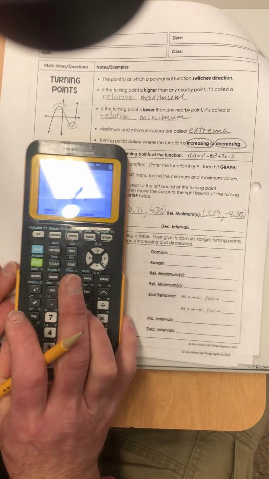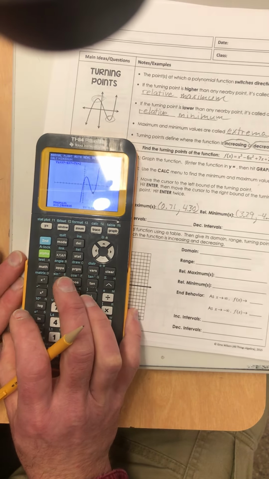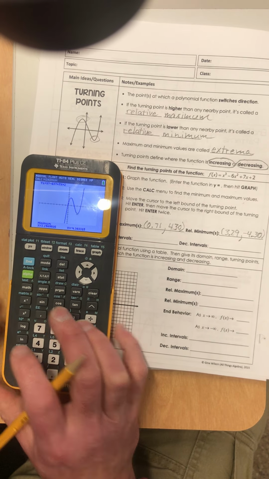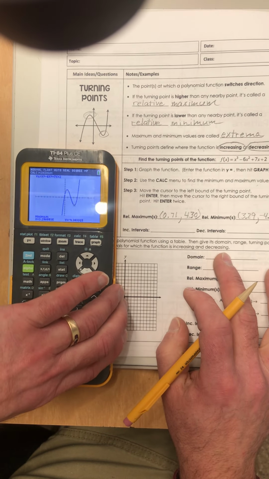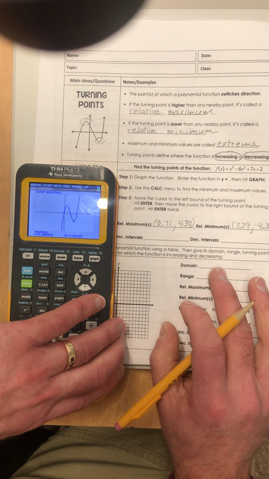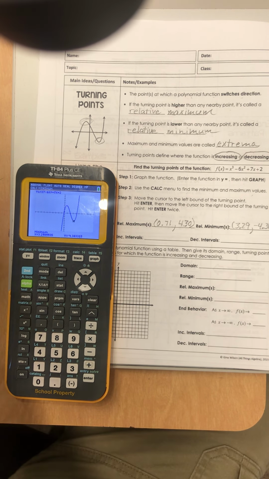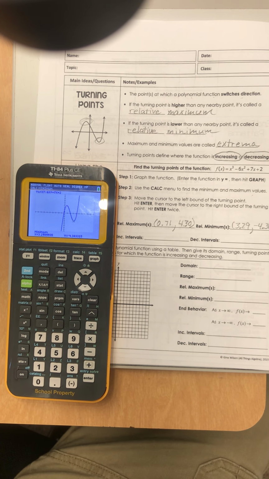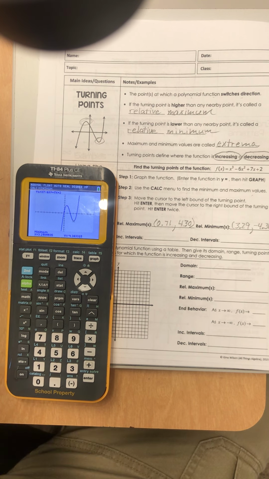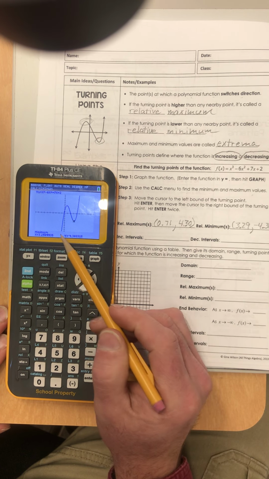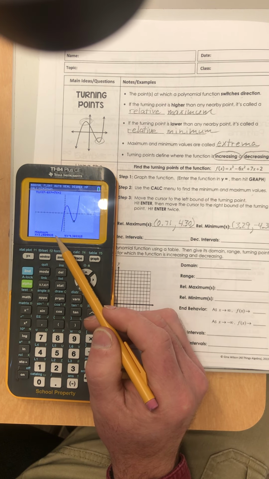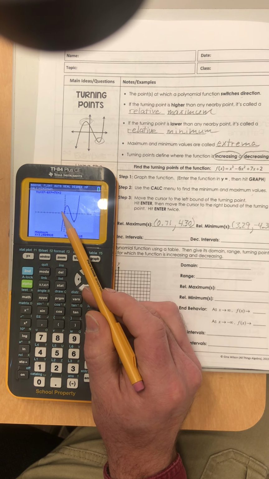Now, for this next part, we're only really looking at the x values for the increasing and decreasing intervals. So I'm only really worried about x. I'm not going to worry about y. Now, for this graph, it is increasing, or my y values are going up.